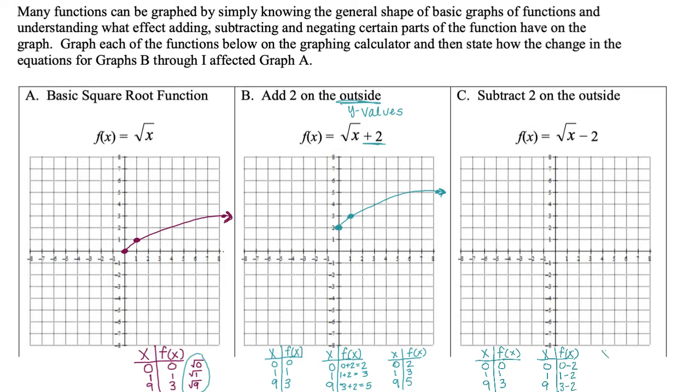And so our final t-chart, x and f of x, you're going to have 0 and -2, 1 and -1, and 9 and 1.